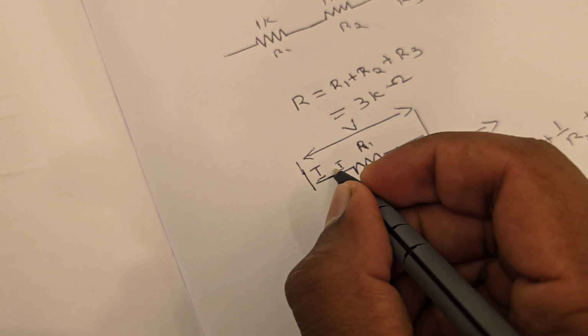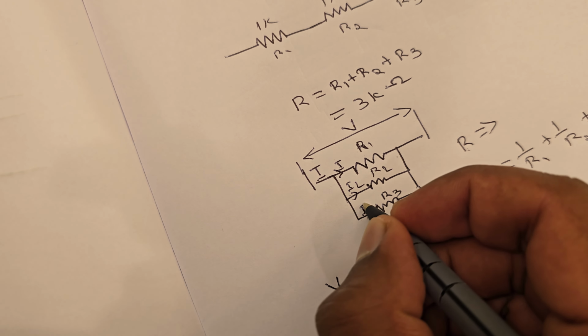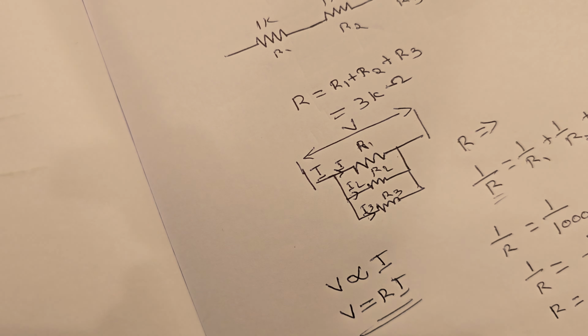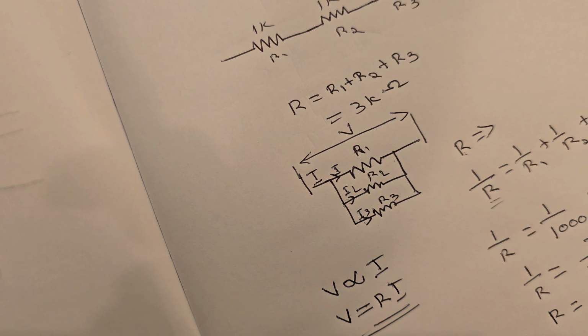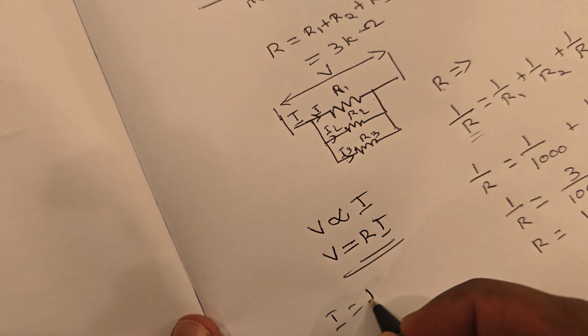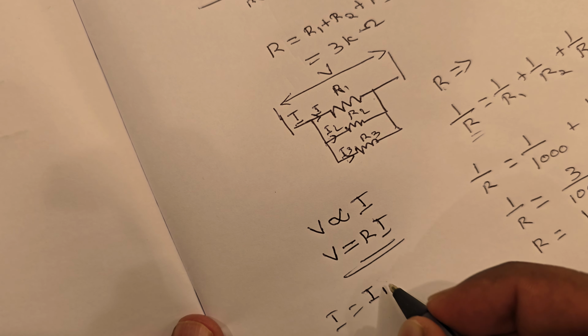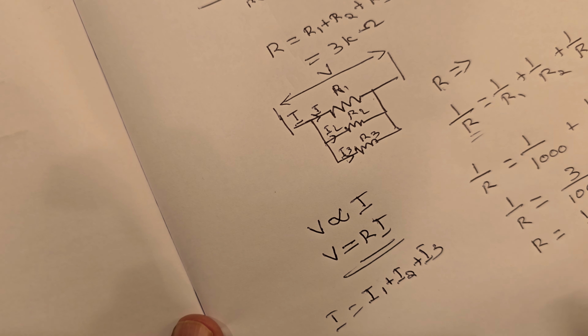Say I1 flows this way, I2 flows this way, and I3 flows through the third resistor. I is I1 plus I2 plus I3. I should be the sum of the currents flowing through each resistor.